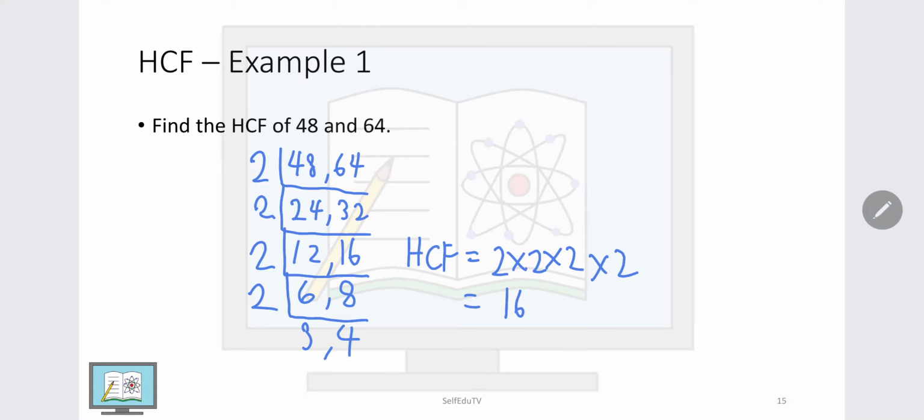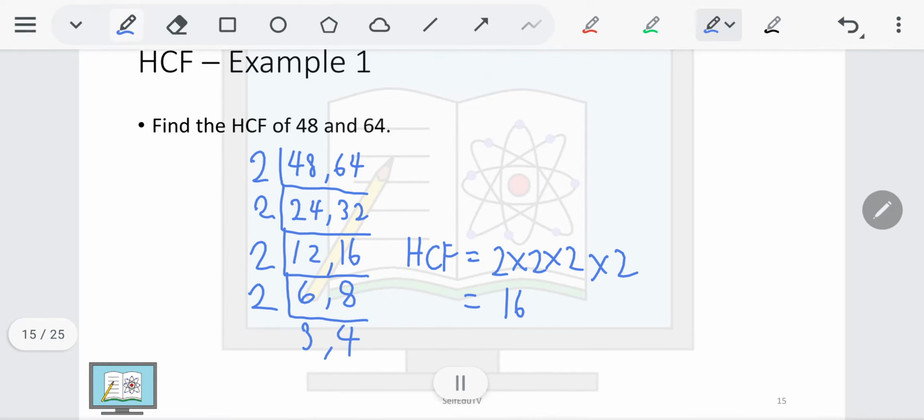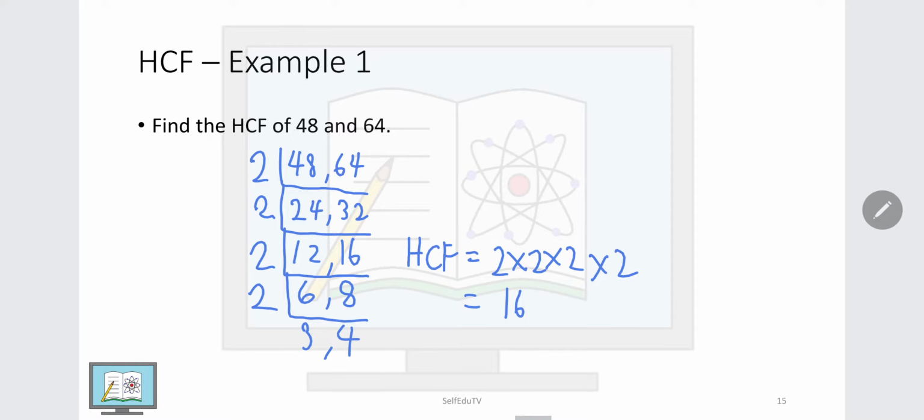So you may ask, can I choose any other numbers? The answer is yes. Maybe I want to divide by 4, because 48 and 64 are divisible by 4 also.